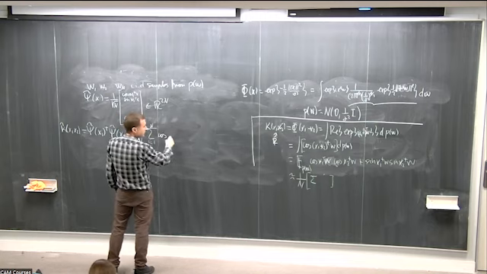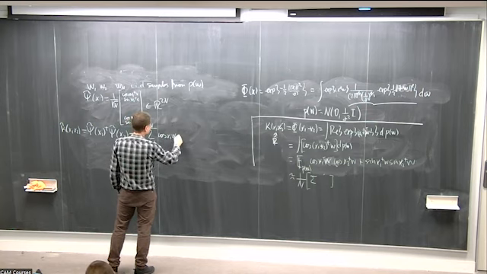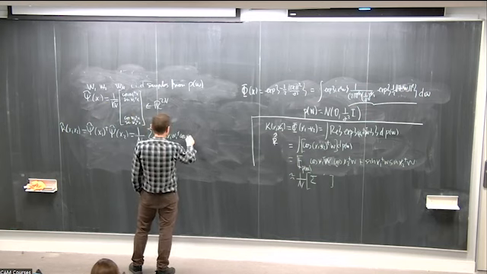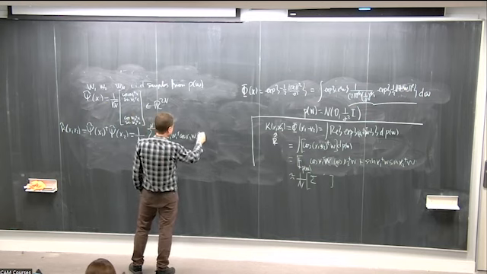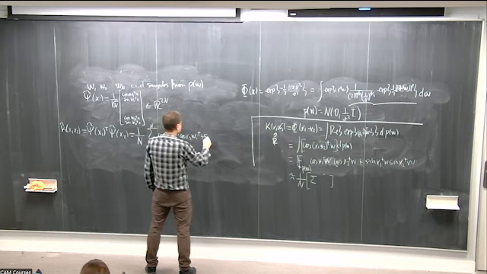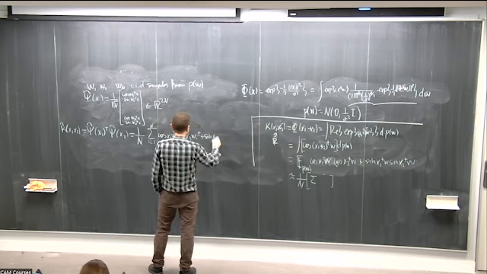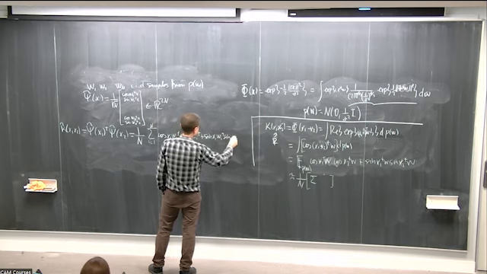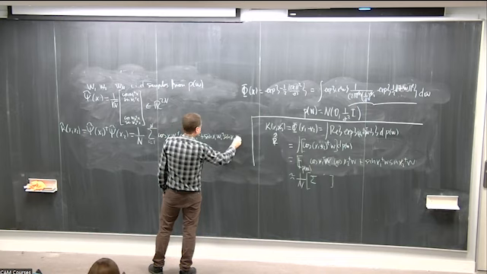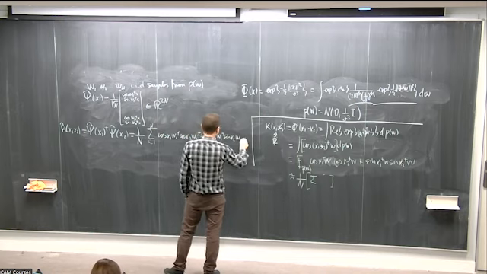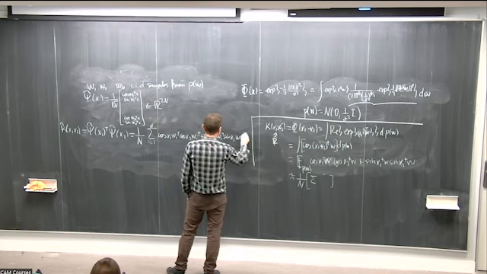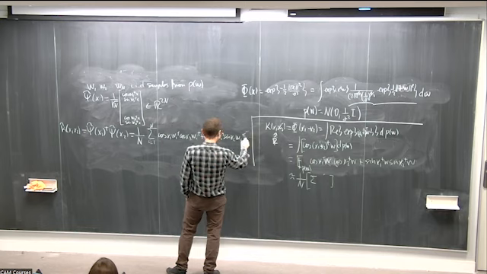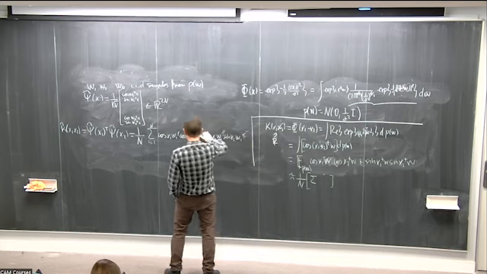So we will have cosine x1 w_i cosine... We have also the sine.